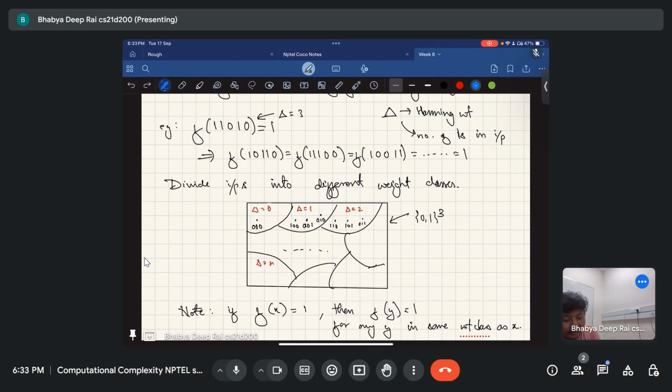Okay. Now you have this setup. It simply means this entire class can be thought to evaluate to 0, or this entire class can be thought to evaluate to 1, or this entire class can be thought to be evaluating to 0, and so on and so forth. Right? So any function, what will it do?